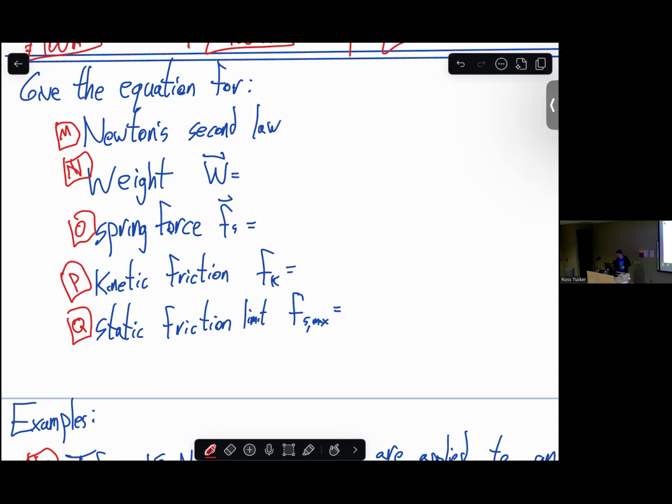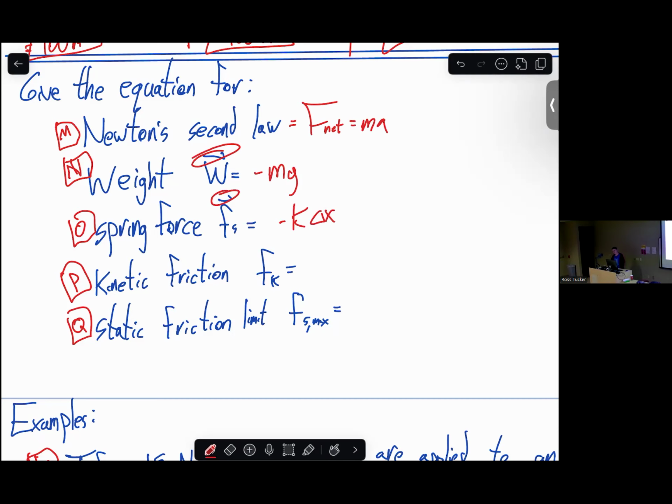Oh, I'm so smart. I did send the announcement that I promised I would. The answers. Net ma. MG. K delta X. To be precise, I'm including the minus signs because I said vector here.